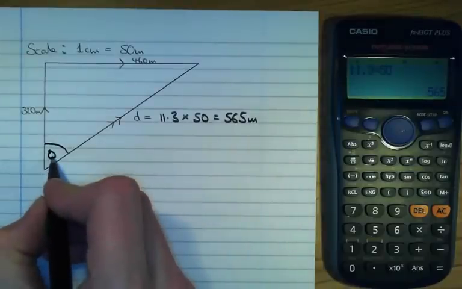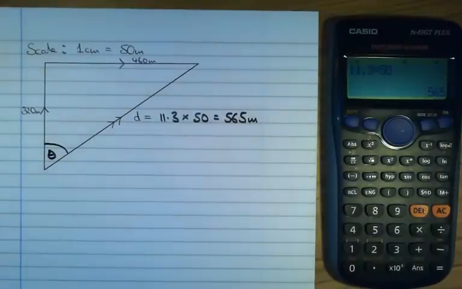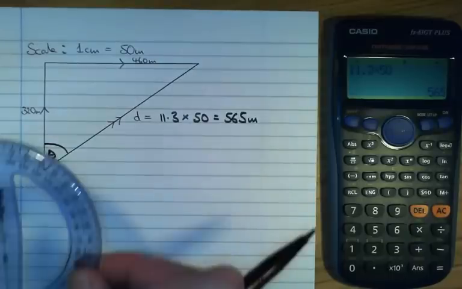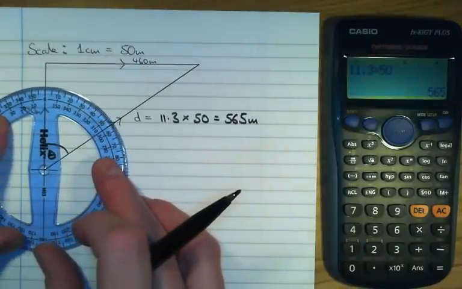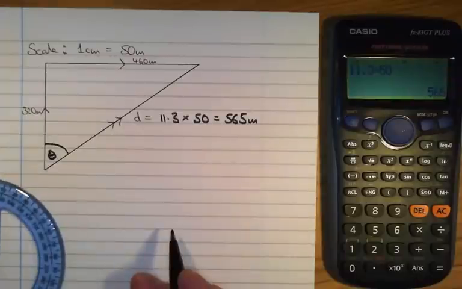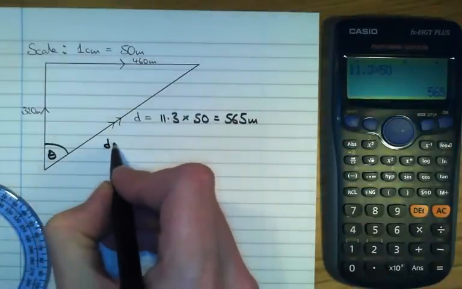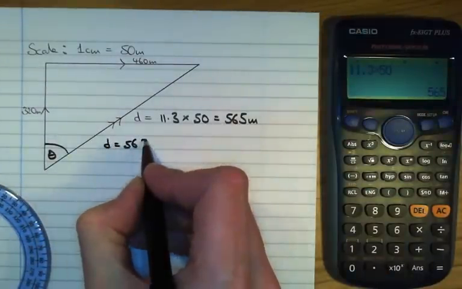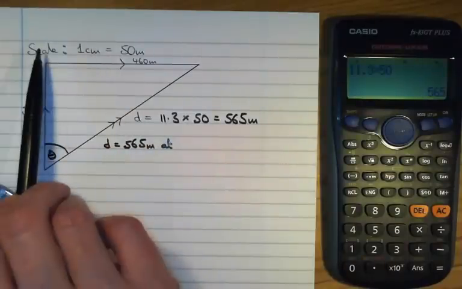Usually the angles are drawn with a theta. This is theta, which represents the angle, and where's the 0 of the protractor? Right there. Yes, I would say that was 55 degrees. So that would give me an answer of distance D equal to 565 meters at, now this is north.